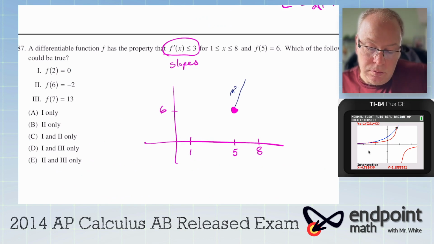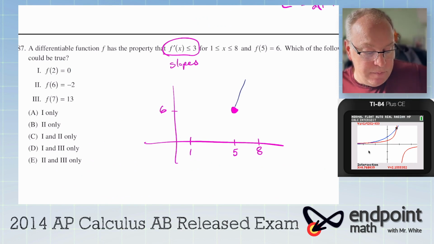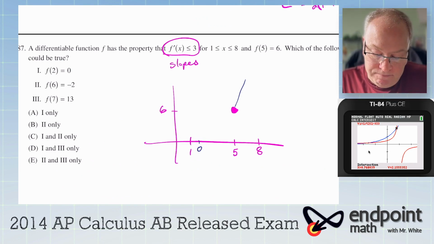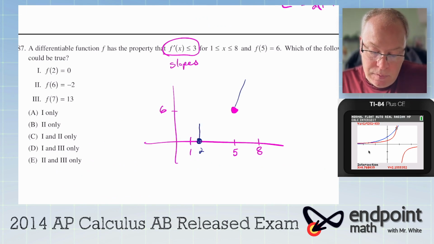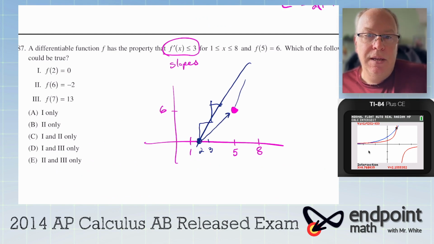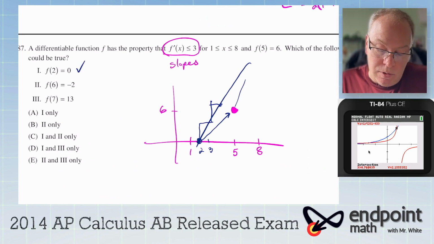So, could we possibly start f of 2, could that be 0? I'm sorry, at 2, could we start here? Well, sure, if we go up 3 over 1, I'm well above that, so I could certainly go at a lower rate than 3 and get there. So, yes, that one's possible.